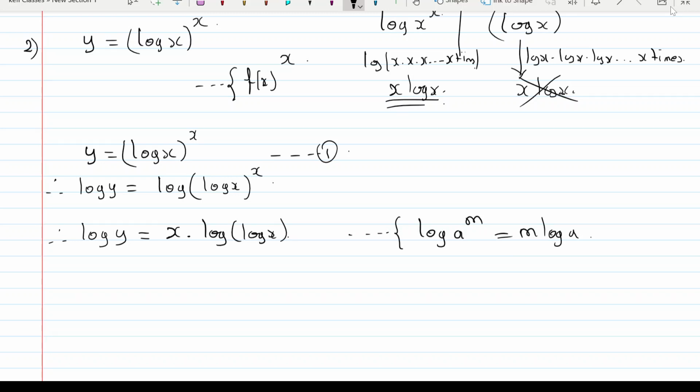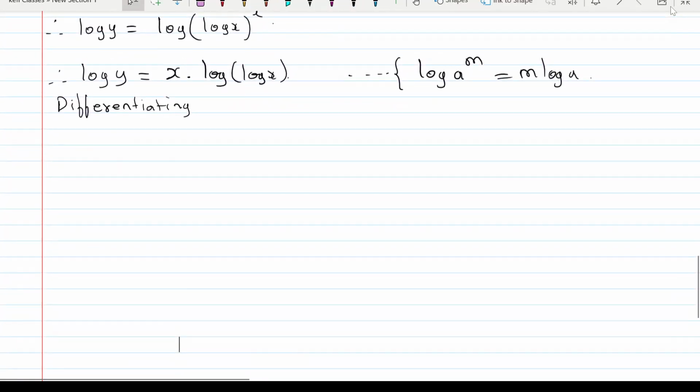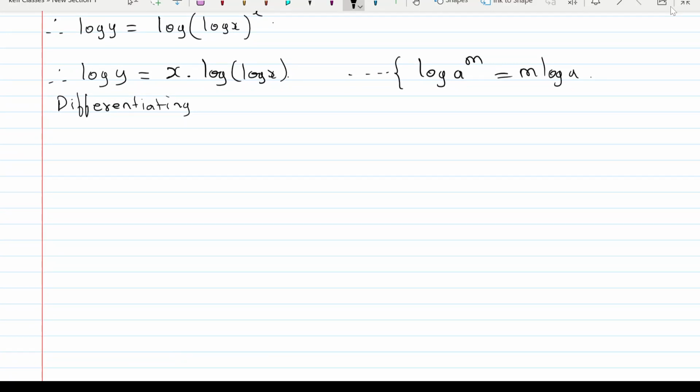Okay, a is log x. So differentiating. So हमारा second step हो गया. We use the laws of logarithms. First step was taking log, वो ले लिया. Second step was use the laws of logarithms. So we have done that. So now the third step is differentiating above equation with respect to x.